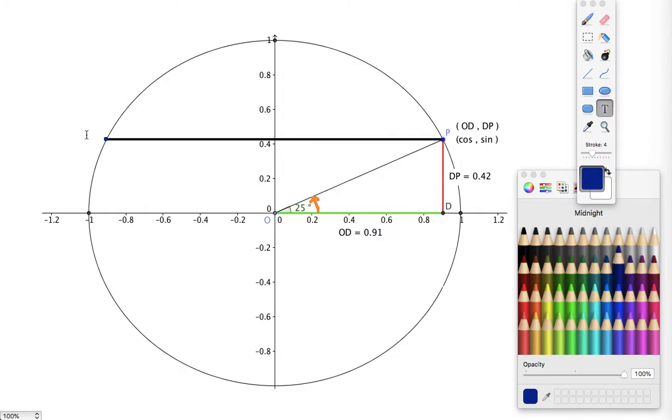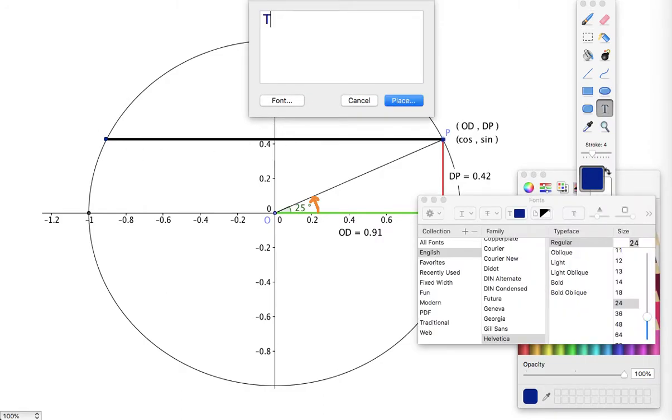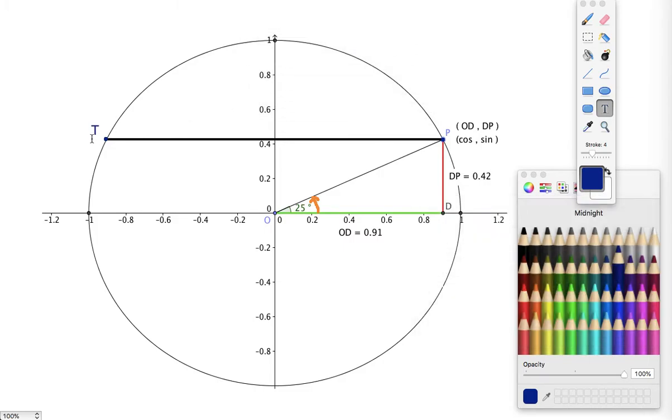I'm going to call this point T. So point T and point P have the exact same sine value, which is about equal to 0.42.